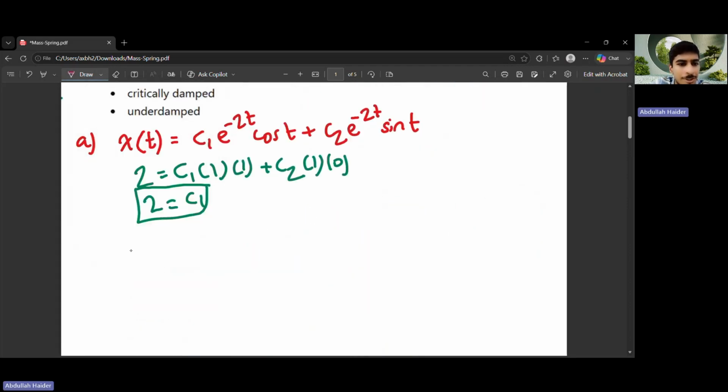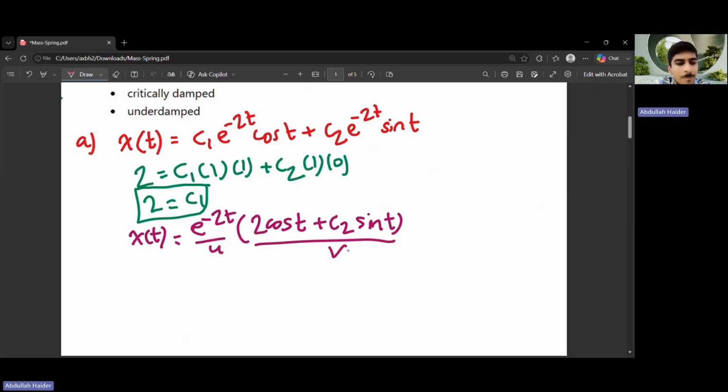What would be easier is to first factor out the e power -2t. So x of t is equal to e power -2t times, and then you can substitute c1 now, 2 cosine t plus c2 sine t. It makes it easier because otherwise you have to do the product rule twice, here and here. Here, I have to do it only once. Basically, this will be my u, and this will be my v.